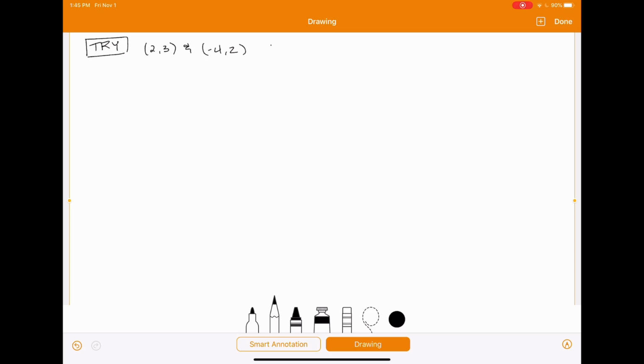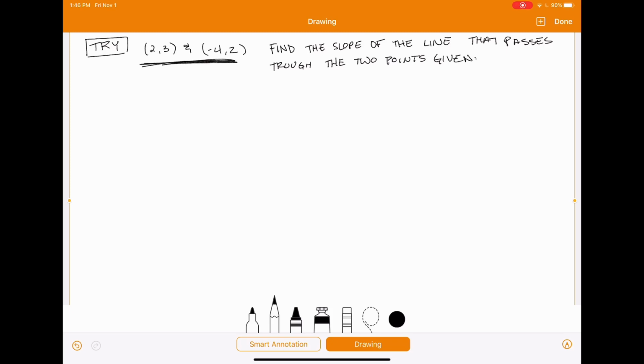I want you to find the slope of the line that passes through the 2 points given. Alright, so find the slope of the line that passes through these 2 points.